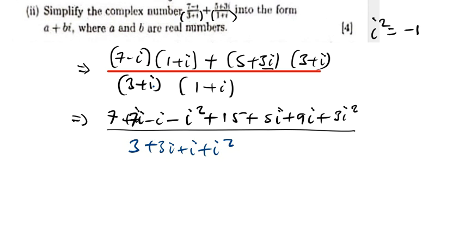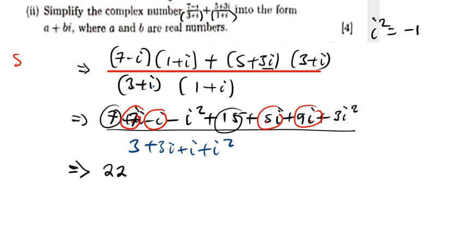Here, 7 can be added with 15, so 7 plus 15 gives 22. Now the i terms: 7i minus i is 6i, plus 5i is 11i, plus 9i is 20i. So everything gives plus 20i.